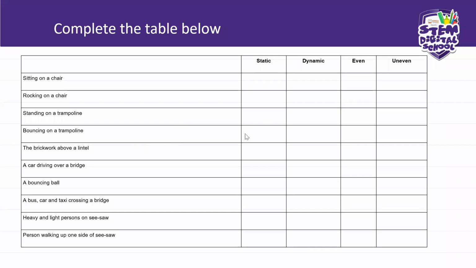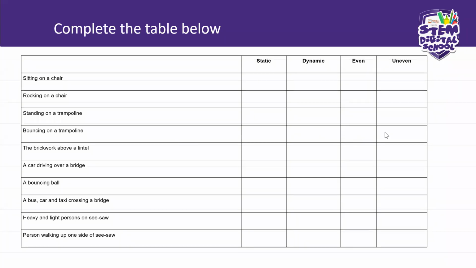Bouncing on a trampoline. It's dynamic. Bouncing on a trampoline, it's dynamic because it's moving.